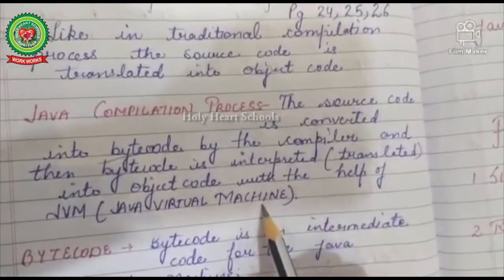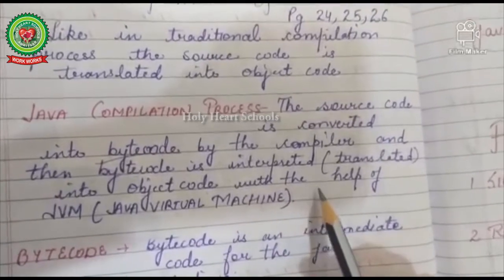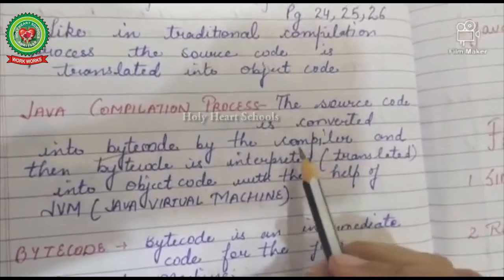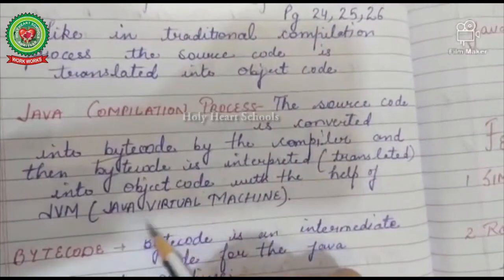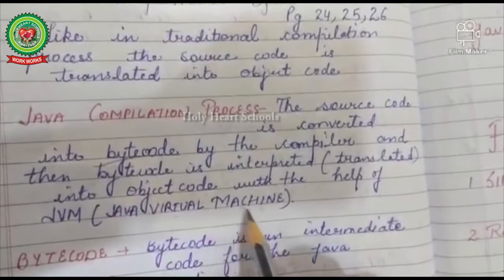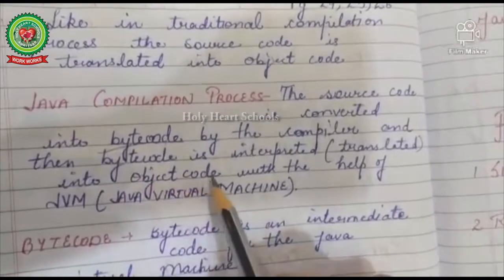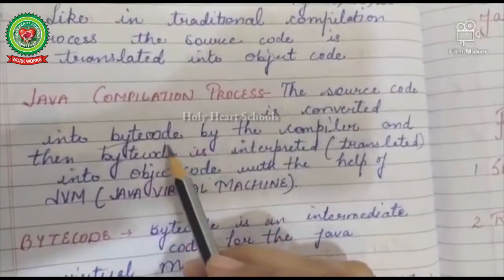So in the Java compilation process, we use a compiler also and an interpreter also. The compiler first generates the bytecode, and with the help of the Java virtual machine, the bytecode is converted into object code.